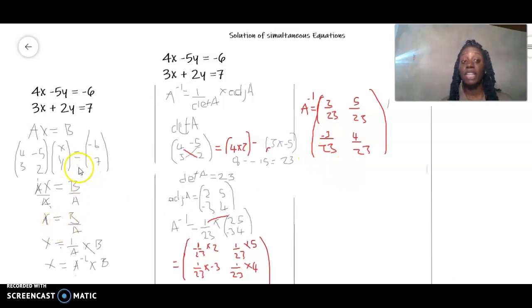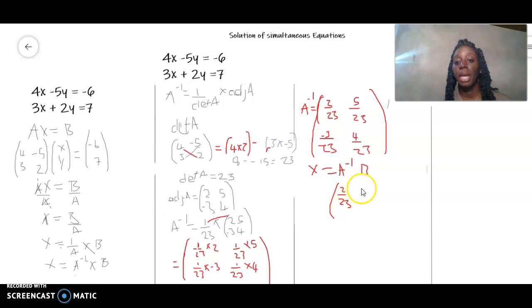Remember our matrix equation is X is equal to A inverse times B. So just rewriting that portion of the equation, A inverse times B. At this point, I will list the elements of A inverse, which I found to be 2 over 23, 5 over 23, -3 over 23, 4 over 23.